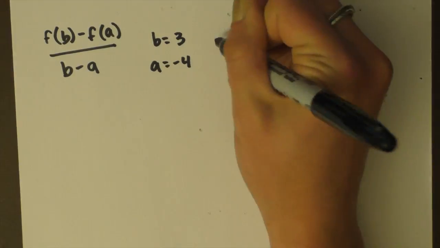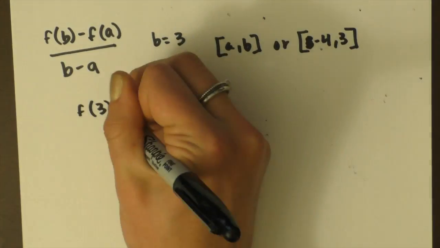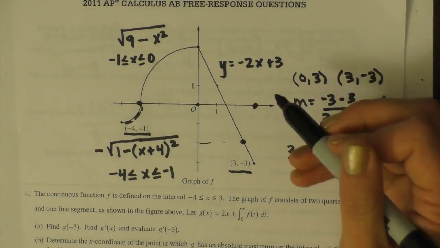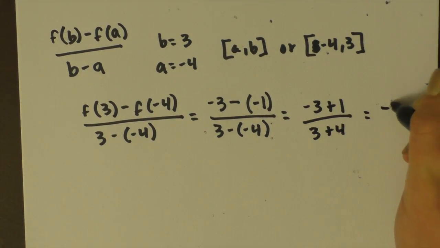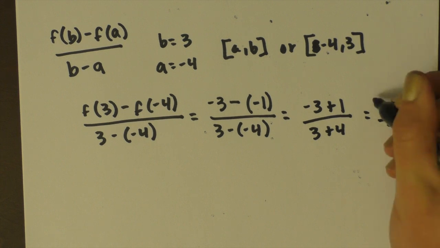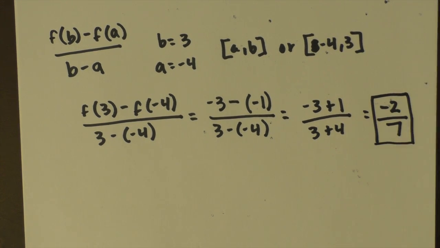First, we will solve for the average rate of change of f on the interval of -4 to 3. It is -2/7. This is our average rate of change of f on the interval -4 to 3.